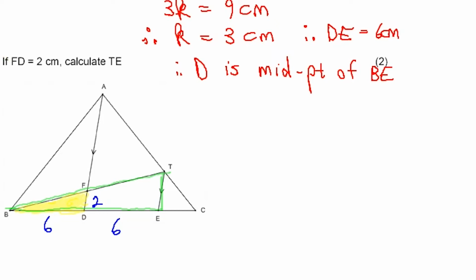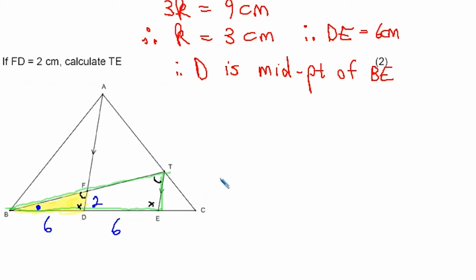It has a common angle and it has corresponding angles on parallel lines. So the little yellow triangle and the green triangle are similar.